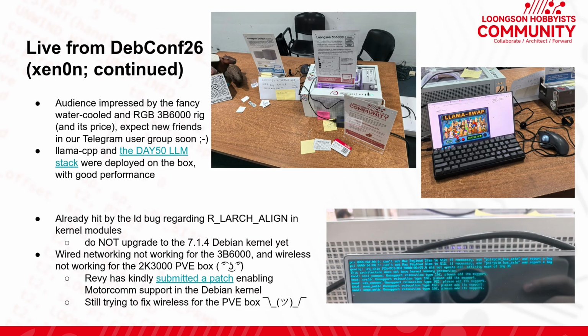But on the other side, I've already encountered several unfortunate bugs. I was inadvertently bitten by the linker bug producing R_LARCH_ALIGN for the kernel modules. So please do not upgrade to the 7.1.4 Debian kernel yet.